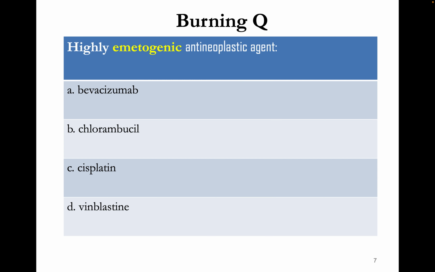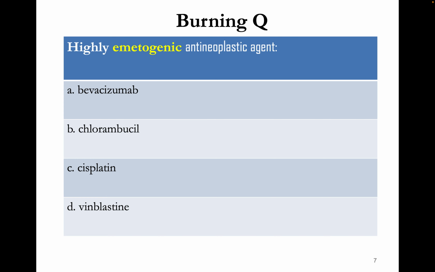Let's look at some of the questions. Highly emetogenic antineoplastic agent: bevacizumab, chlorambucil, cisplatin, vinblastine. Actually, cisplatin is the answer. 90% or above patients get cisplatin-induced emesis or nausea and vomiting.